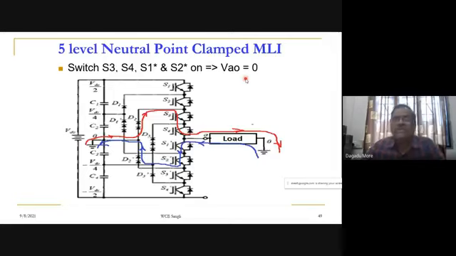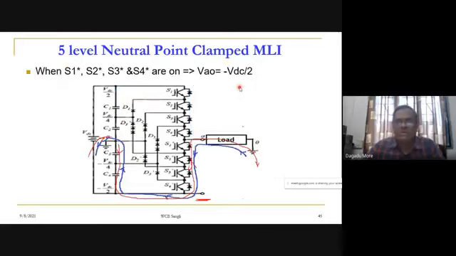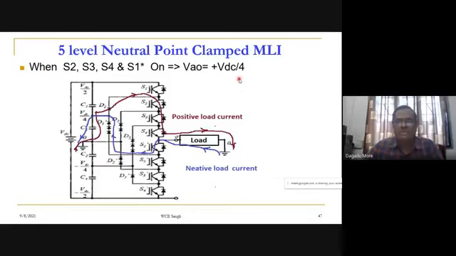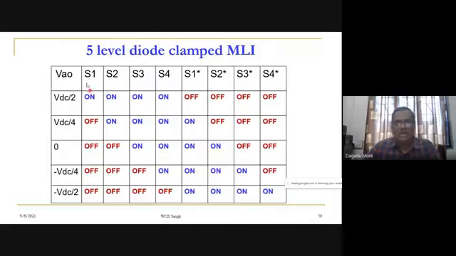So in this fashion, we are getting the 5 voltage levels: plus VDC by 2, minus VDC by 2, plus VDC by 4, minus VDC by 4, and 0. And this is the switch position we have just shown here. If you see here, for plus VDC by 2, the upper 4 devices S1, S2, S3, S4 are on, and the lower 3 are off.